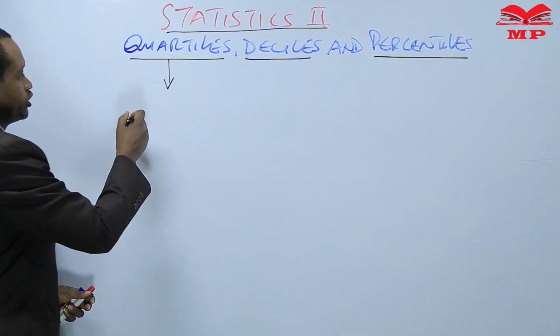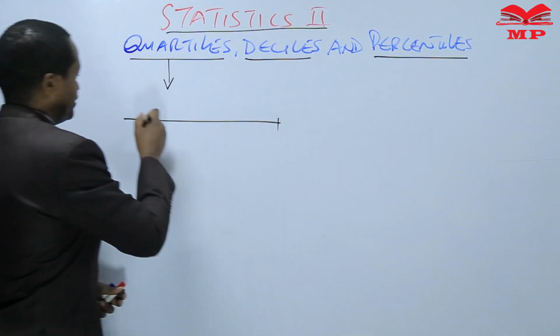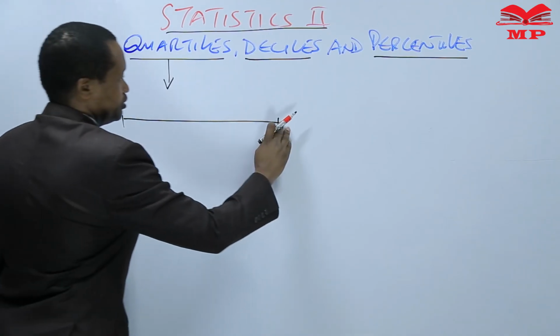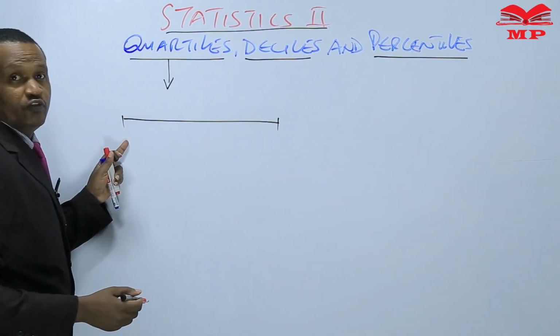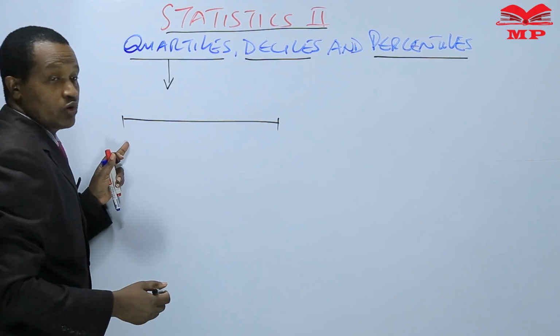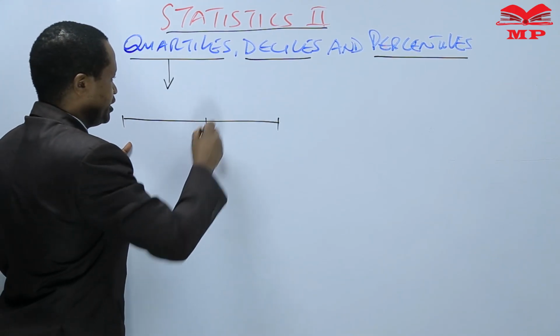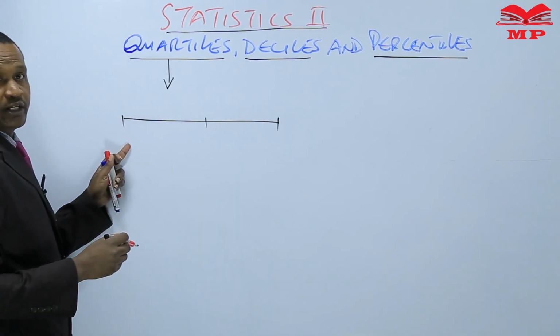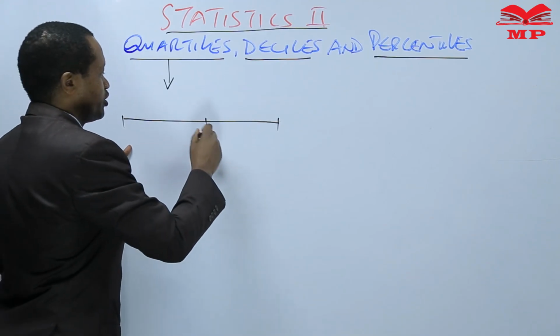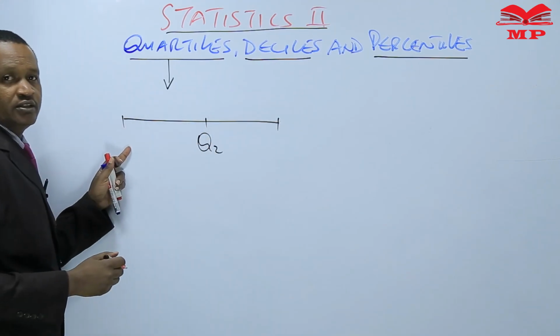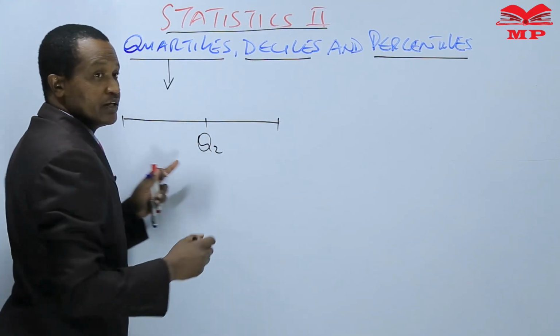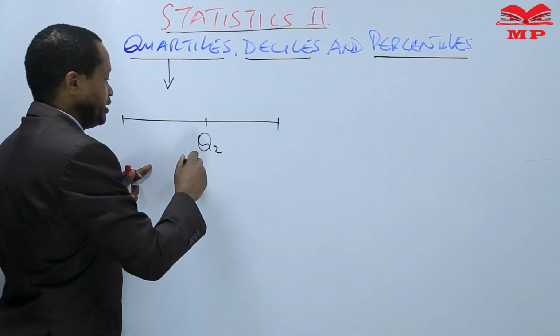Remember, a quartile divides a set of data into 4 equal parts. If this is the middle, then that will be the second quartile, which is also known as the middle quartile, or the median.